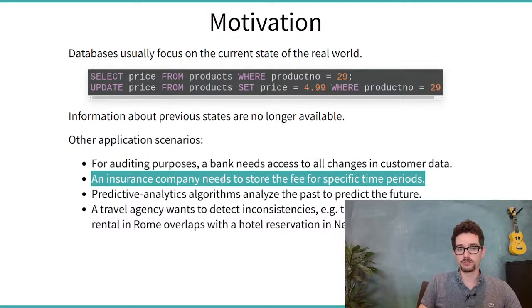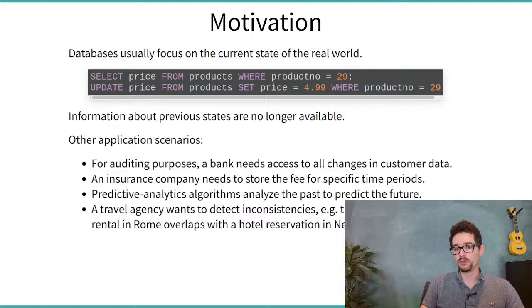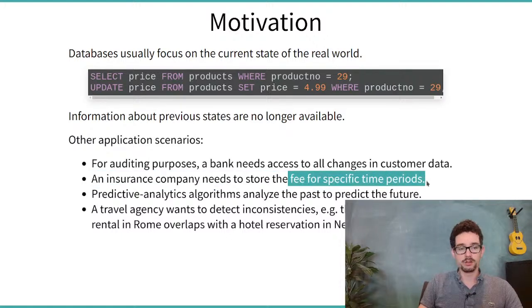An insurance company needs to store the fee for specific time periods. Let's say you insure your bike and this year the insurance fee is $80 per year. But next year it will be $85. And your neighbor has a special offer.